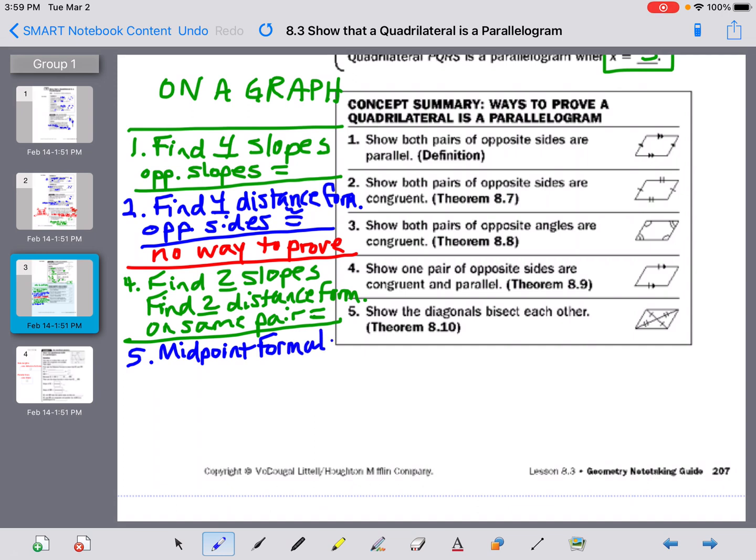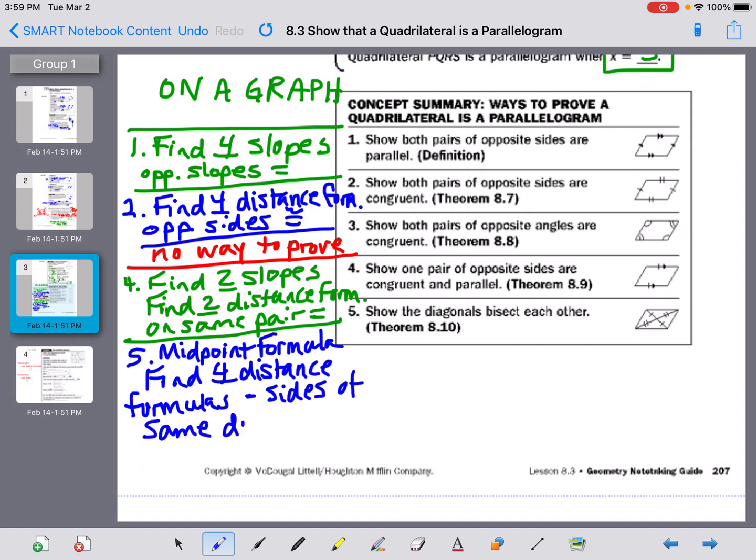Then you need 4 distance formulas, on each side of the diagonal. So 4 distance formulas, and sides of the same diagonal need to be equal. That's what we're looking for on that one. Sides of the same one need to be equal.